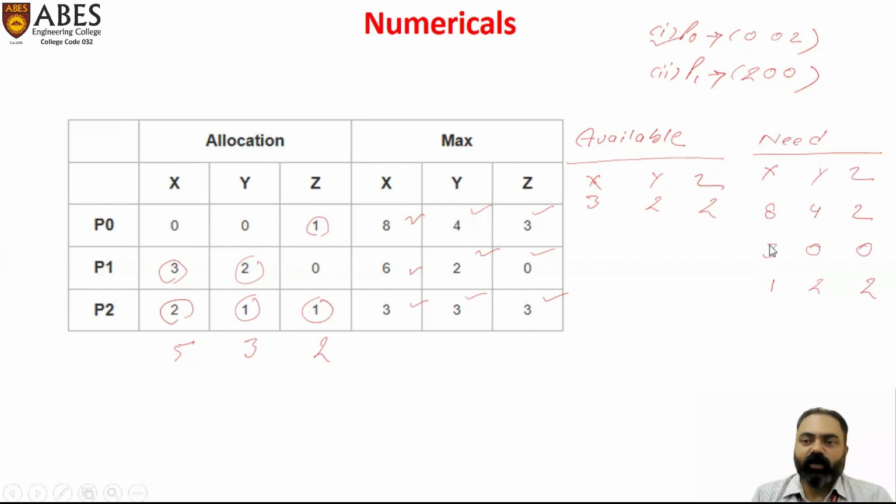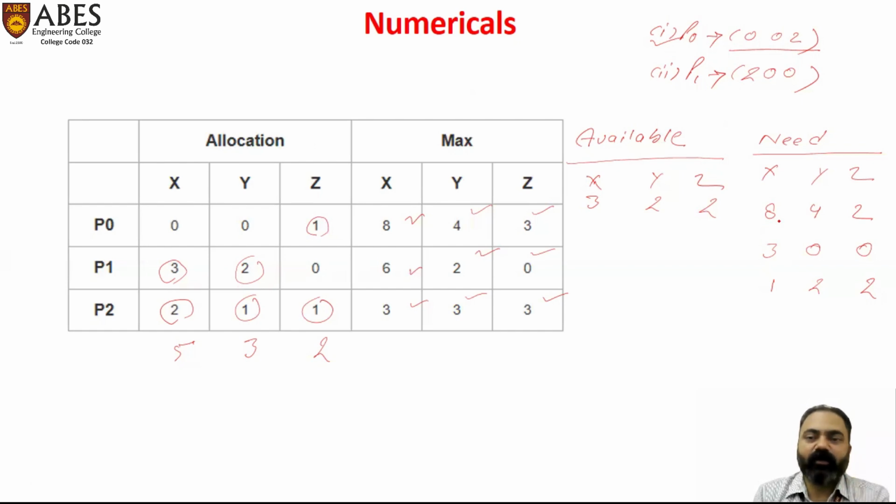Now we check the request of P0, 0, 0, 2. We have to check that 0, 0, 2 for P0 is less than its need or not. Okay, 0, 0, 2 is less than need.